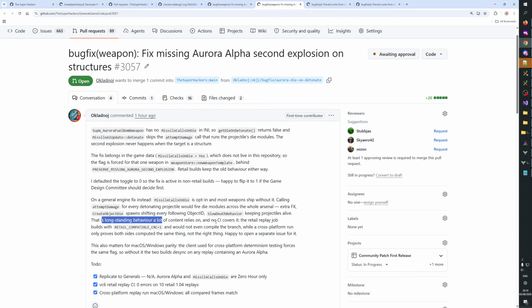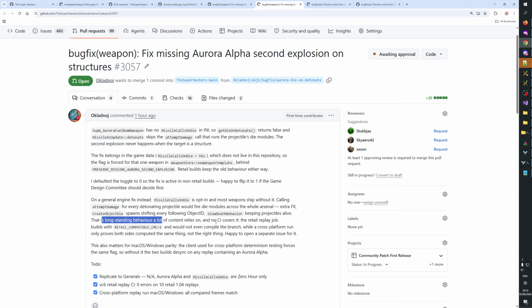Long-standing behavior a lot of content relies on, and no CI covers it. The retail replay job builds with that and would not even compile the branch. While the cross-platform run only proves both sides computed the same thing, not the right thing.